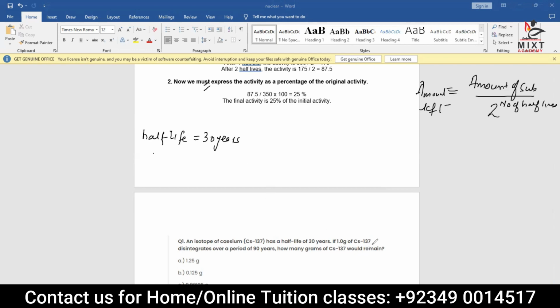If 1 gram of cesium disintegrates, the amount of substance is given. And the total time is given. They are asking you to find out how many grams of cesium remain.